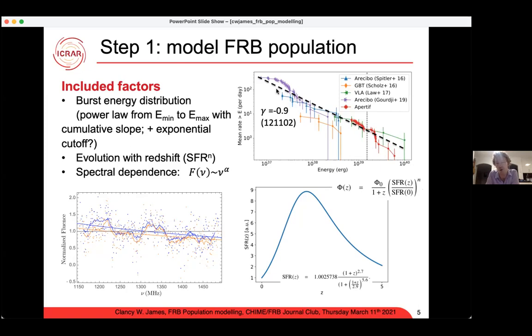And for 121102, that cumulative slope for a single source might be about -1, so differential slope -2. A lot of people like the Schechter function, which is basically this with an exponential cutoff. If you do like this Schechter function, please ask me about it later, and I might go on a rant. But for the moment, I think it's an arbitrary choice. I'll just be using this.